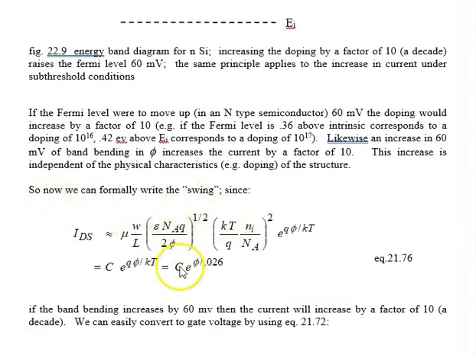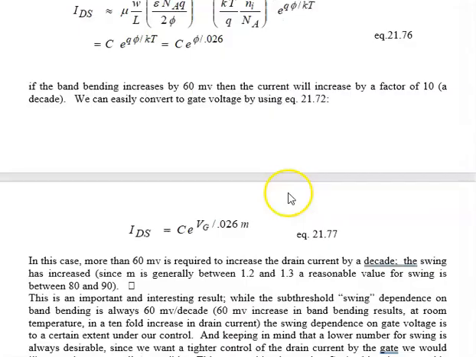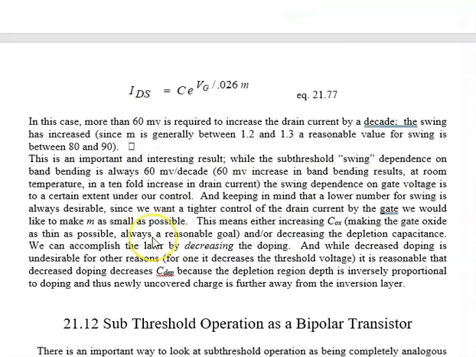And that is what we have here. So from the perspective of band bending, we get 60 millivolts per decade, just like the Fermi level moved up 60 millivolts. It took an increase in doping of times 10 to do that. However, when I convert from band bending to gate voltage, I put the M in there, and that is why the swing is not as good as it is for the BJT.